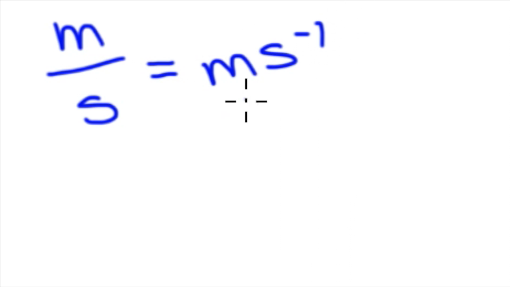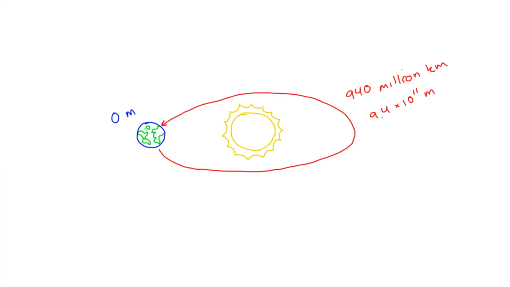Now, displacement is also measured in meters and time still in seconds, so the units for velocity is also meters per second. If we go back to our little orbital model of the Earth, we can calculate both the speed and velocity of the Earth as it travels around the Sun.